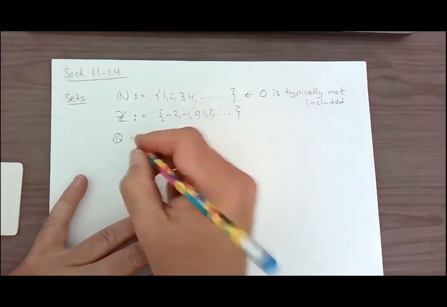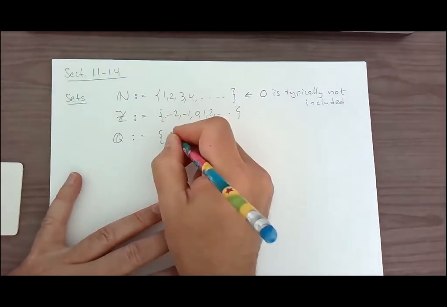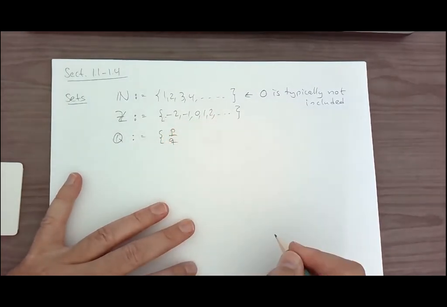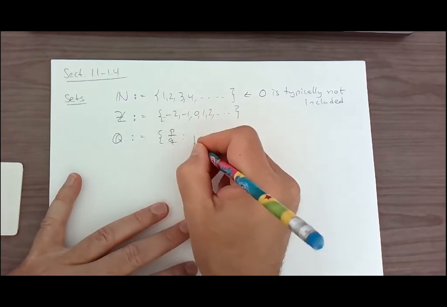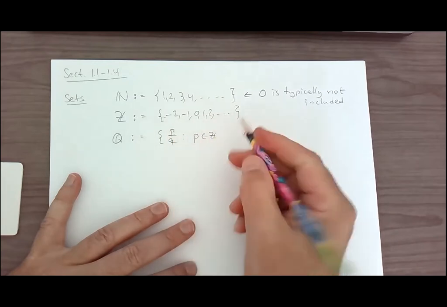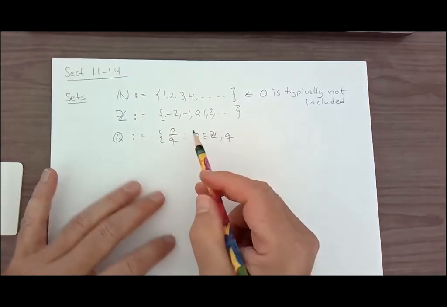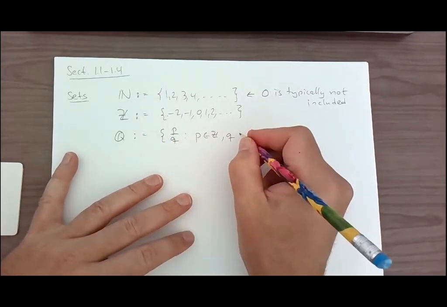Those are the integers, and then we'll have the rational numbers. Those are the ones that have the form P over Q, where P is an integer, so it's one of these numbers, and Q is something in the natural numbers.